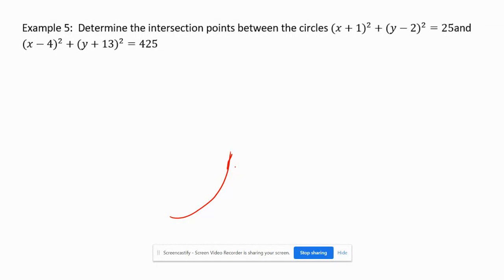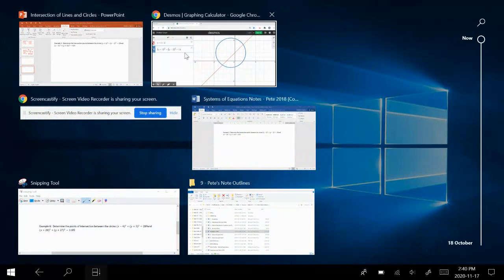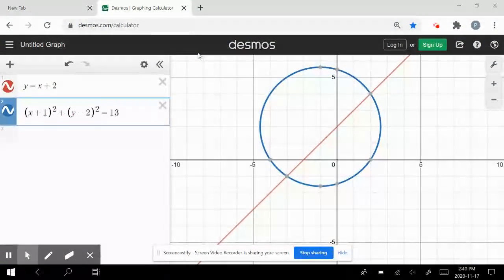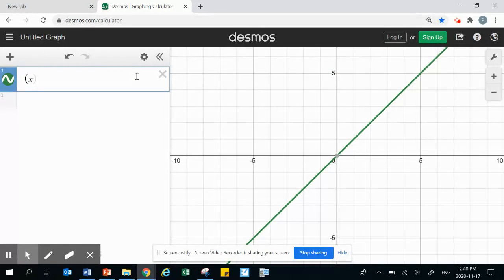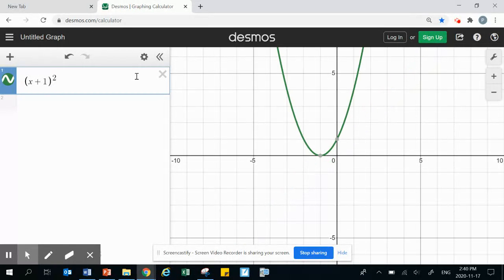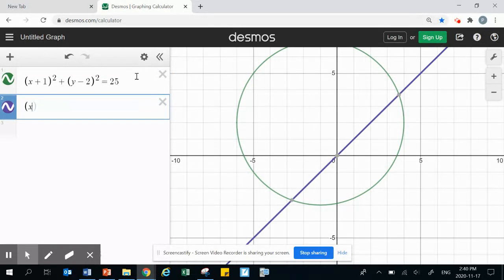What we're going to do here, guys, is solve. In this case, we have two circles. Let's solve this one graphically first. So we have (x + 1)² + (y − 2)² = 25, and we have a much bigger circle here.